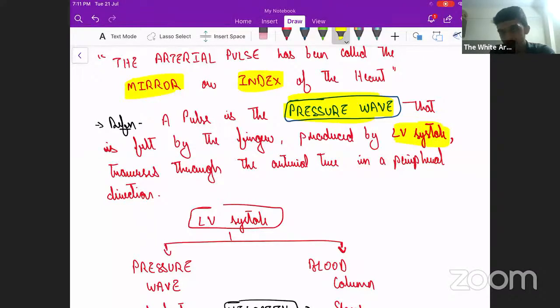That contraction starts the pressure wave, which travels through the arterial tree in a peripheral direction. Okay, so this was the basic.